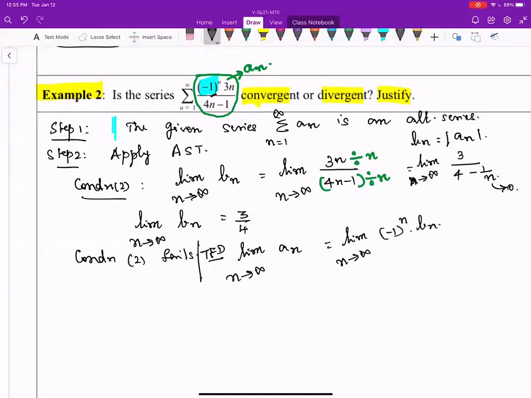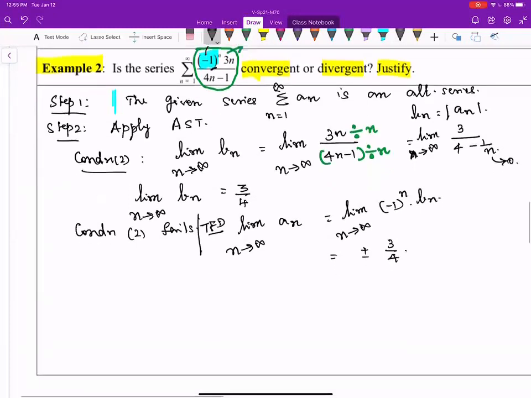The only difference between An and Bn is that -1 to the power n part, which associates the sign. So this becomes plus or minus 3 by 4. This means that the limit as n approaches infinity of An does not exist, because it oscillates between plus and minus 3 by 4.